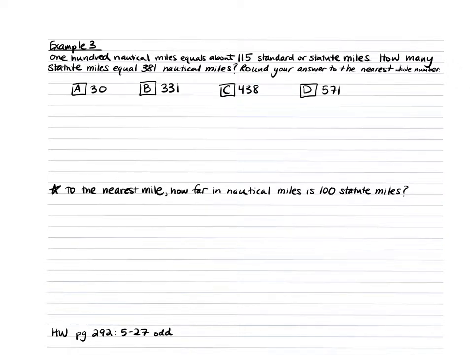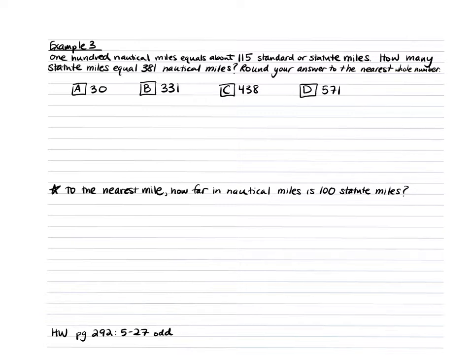Okay, moving on to some word problems. This question is saying, 100 nautical miles equals about 115 standard or statute miles. How many statute miles equal 381 nautical miles? Round your answer to the nearest whole number. So let's set up our proportion.